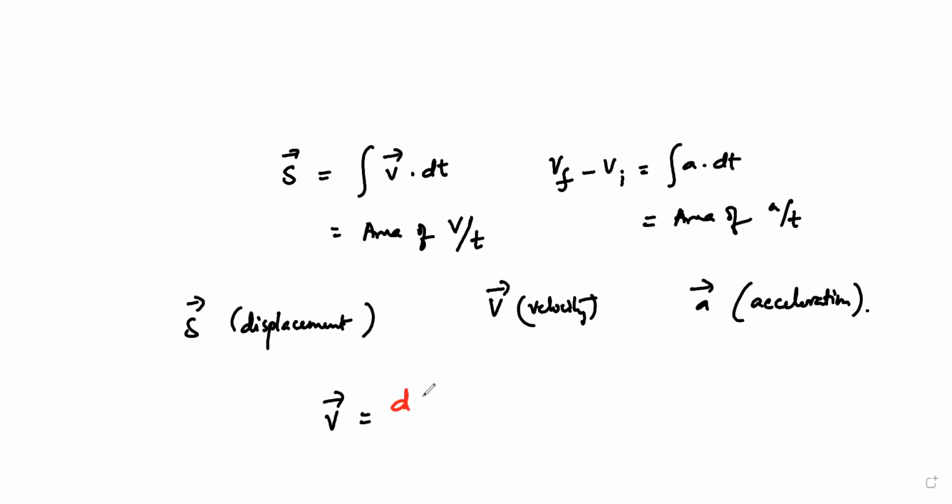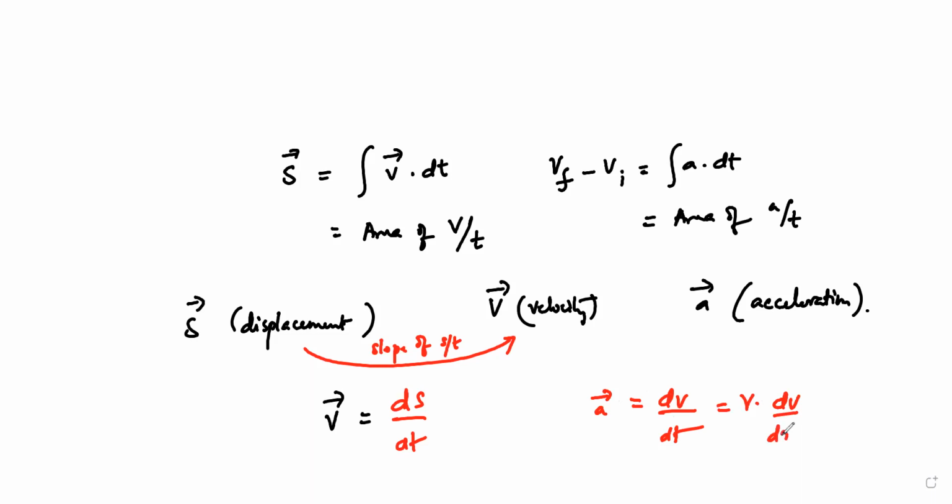Very good. ds by dt. That means slope of s by t will give you velocity. What is acceleration? Acceleration is dv by dt, or I can simply say v into dv by dx. So the slope of v by t would give you acceleration. Right?